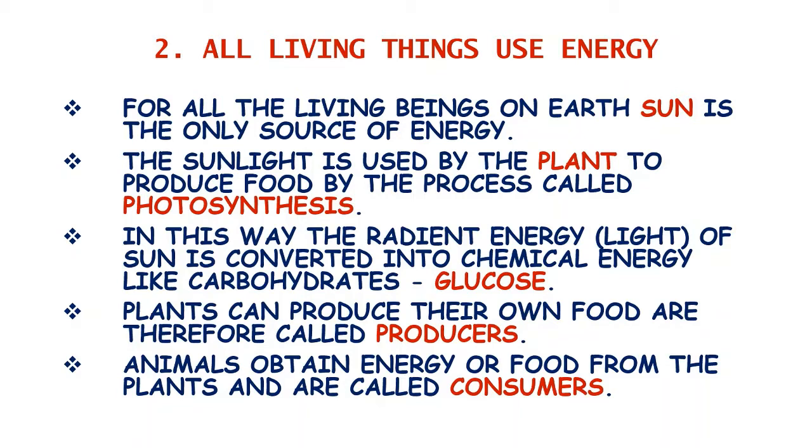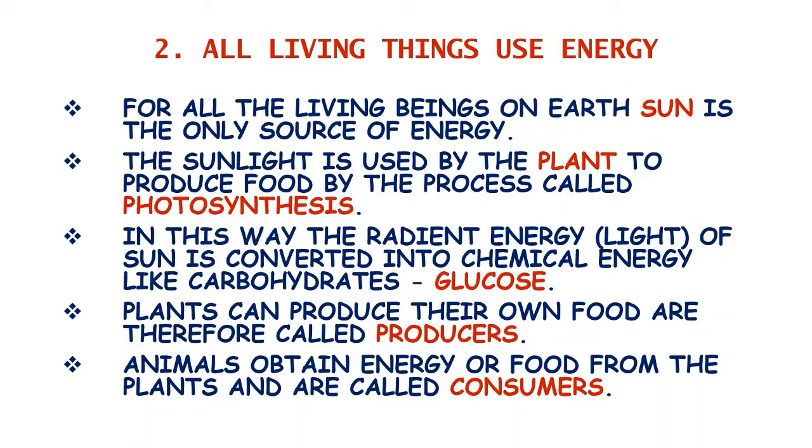We know that the only source of energy for us is the sun, and the sunlight is used by the plants to produce food by the process called photosynthesis. In this process, the radiant energy, that is light of the sun, is converted into chemical energy in the form of carbohydrate like glucose.